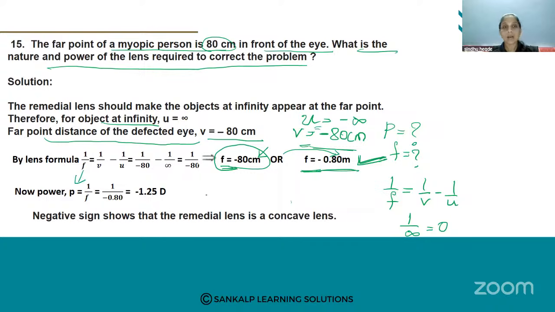Power formula, P is equal to 1 by f. We calculated the f value, that is minus 0.80. Substitute here and finally you get minus 1.25 diopter. This is the power of a lens which is required to correct this problem.